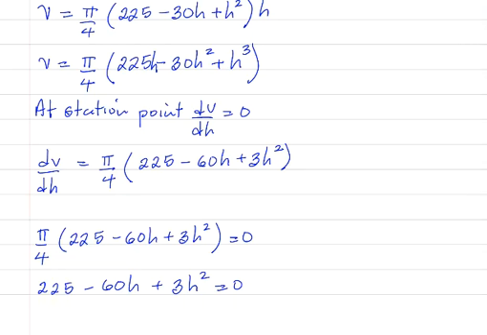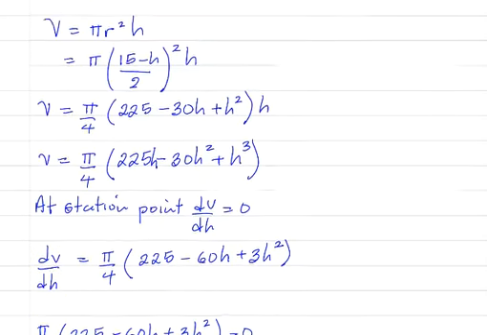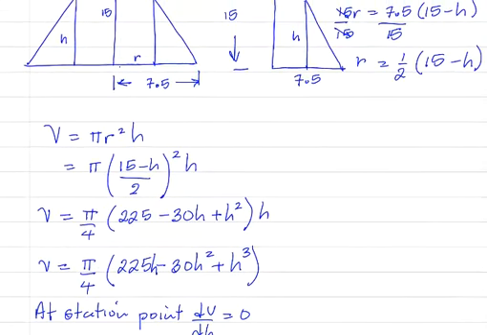Since pi over 4 is not 0, 225 minus 60h plus 3h squared is equal to 0. If I divide this entire equation by 3, I end up with h squared minus 20h plus 75 is equal to 0.